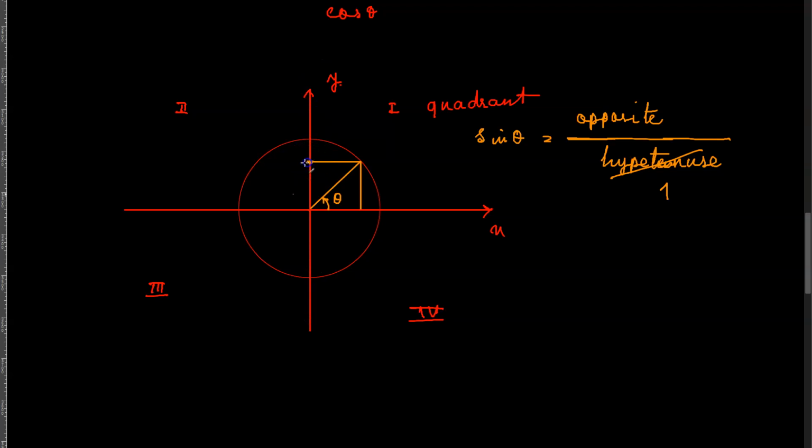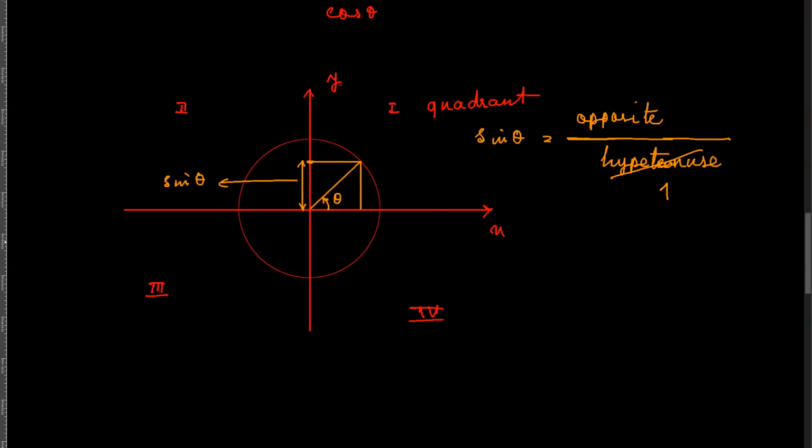So this length, starting from here all the way up to here, is nothing but the sine of theta, because this is the length of the side which is opposite theta, divided by the hypotenuse. Hypotenuse is equal to 1. So the opposite side of theta becomes this length here, and that is sine theta.